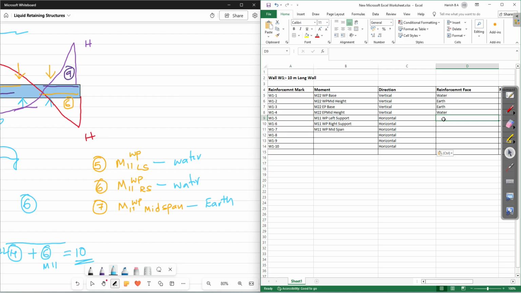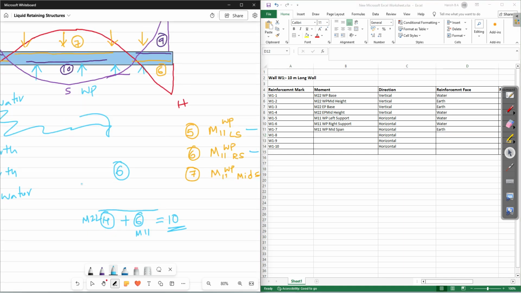So reinforcement face will be water. Next, water. Next, mid span, it is earth.